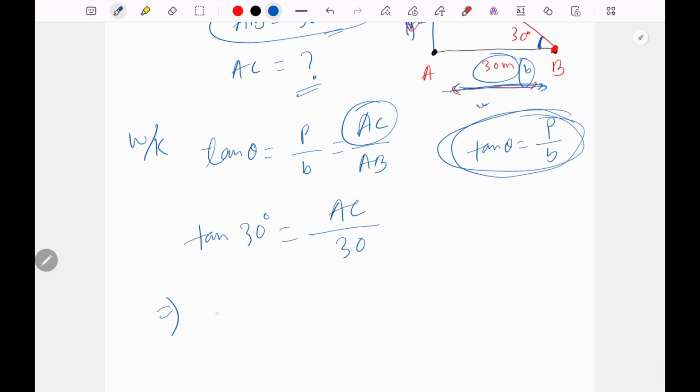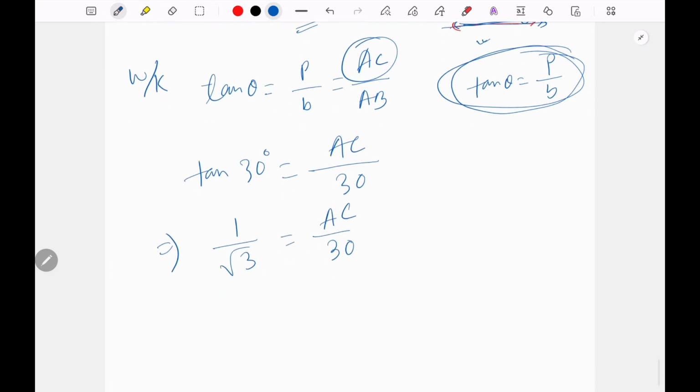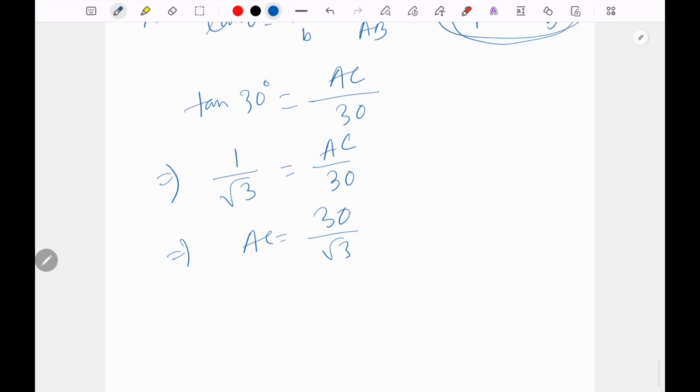Now tan of 30 is 1 by root 3. So 1 by root 3 equals AC divided by 30, and from here we can find AC equals 30 divided by root 3. Now we can simplify this. We can write 30 as 10 into 3 divided by root 3.